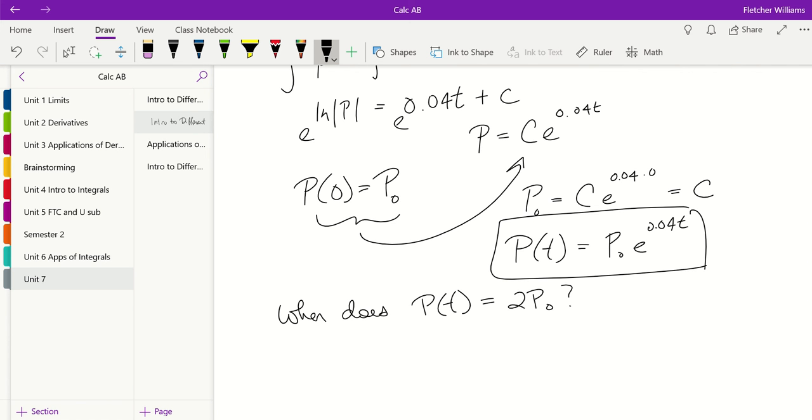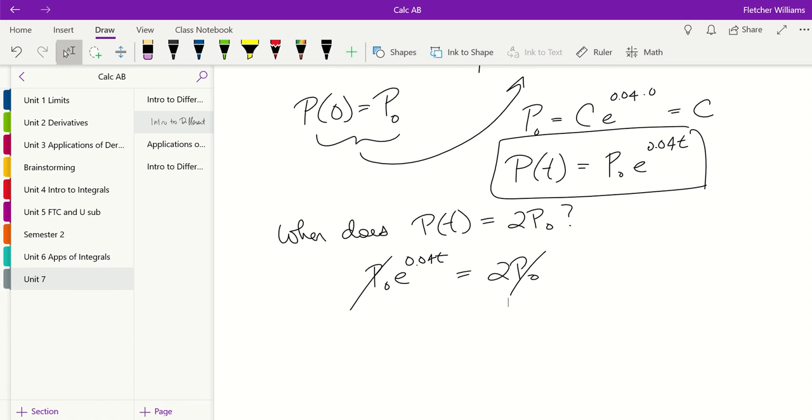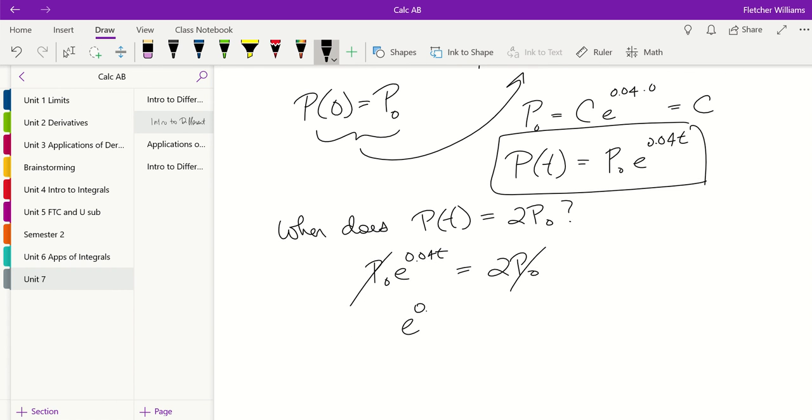So you end up setting P naught e to the 0.04t equal to 2 P naught, and P naught divides out from both sides. And here you are trying to solve this exponential equation, so you have to take the log of both sides.